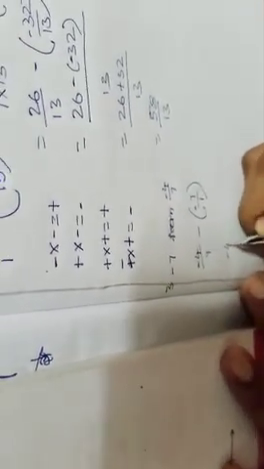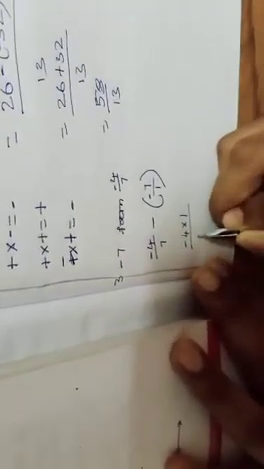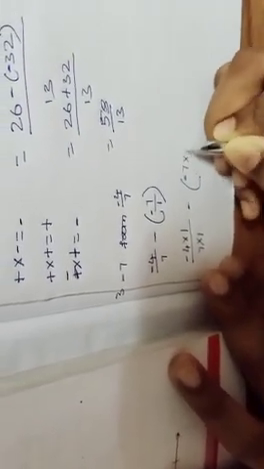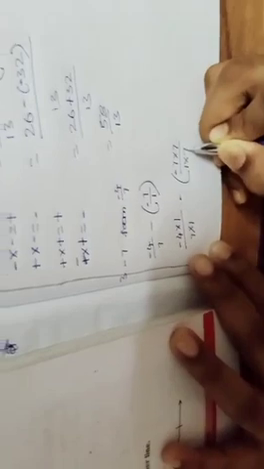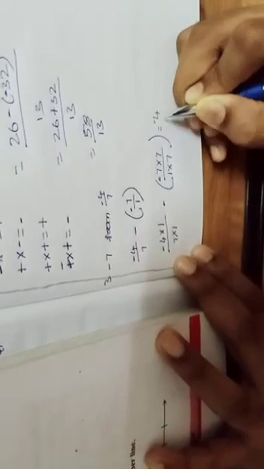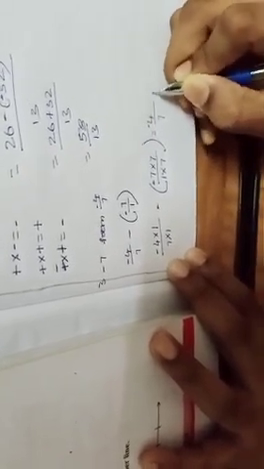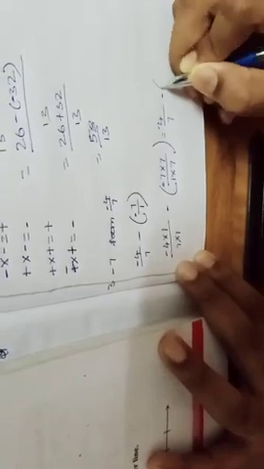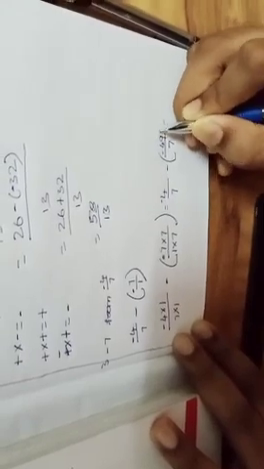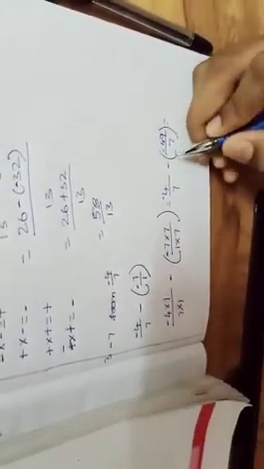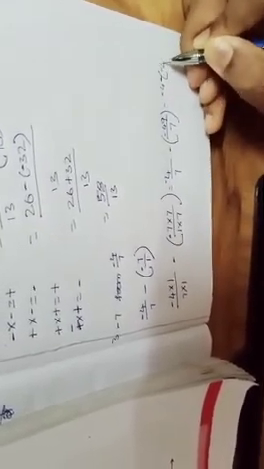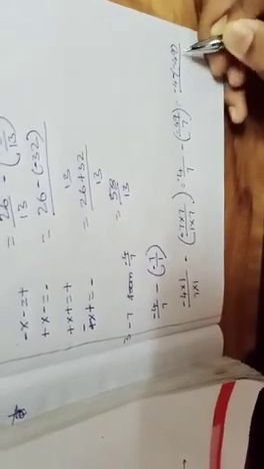So minus 4 into 1 by 7 into 1 minus of minus 7 into 7 by 1 into 7. So 4 into 1 equal to 4, minus 4 by 7 minus of minus 49 by 7.